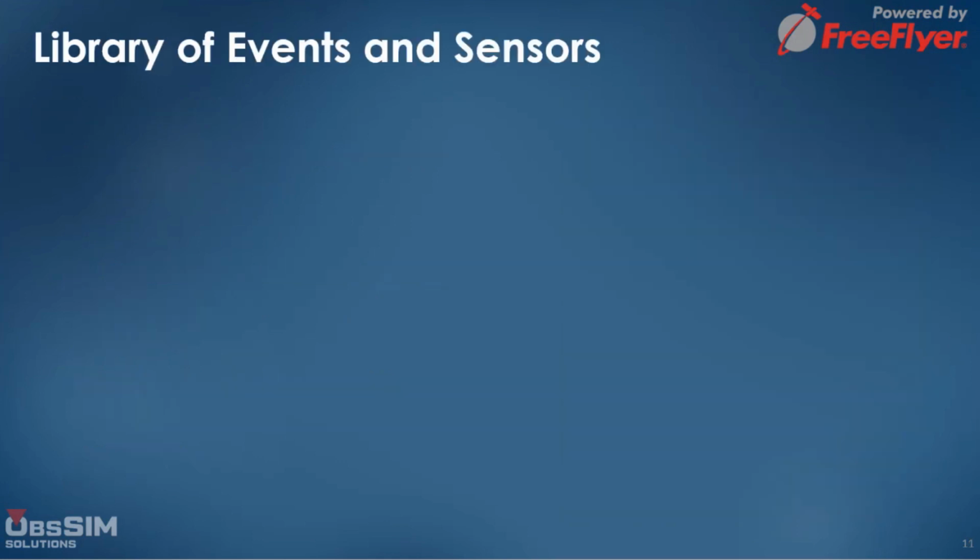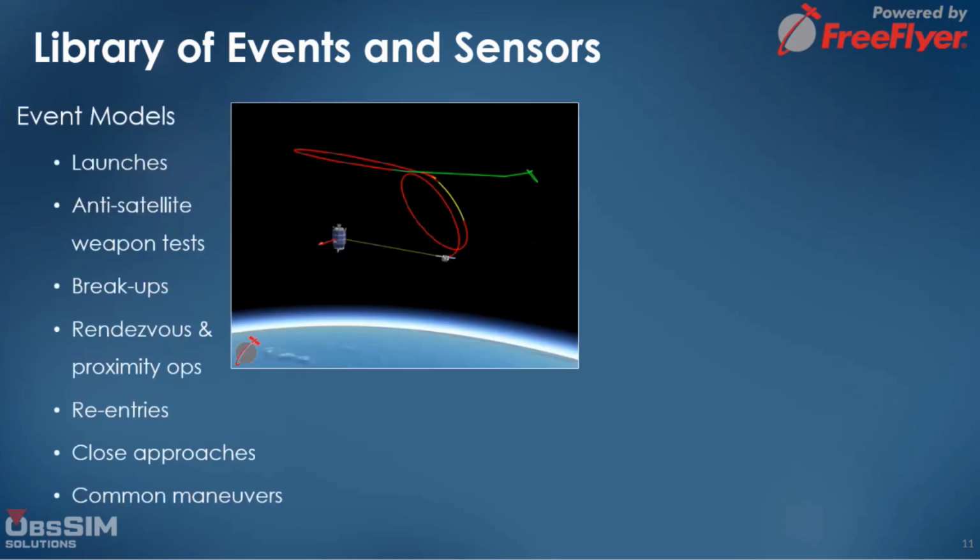On top of FreeFlyer, we have ObsSIM, which is structured in general as a library of event models and sensor models. In order to generate space surveillance observations, we need spacecraft event models to generate the ground truth from which the obs are made. So first, we support a number of event models.